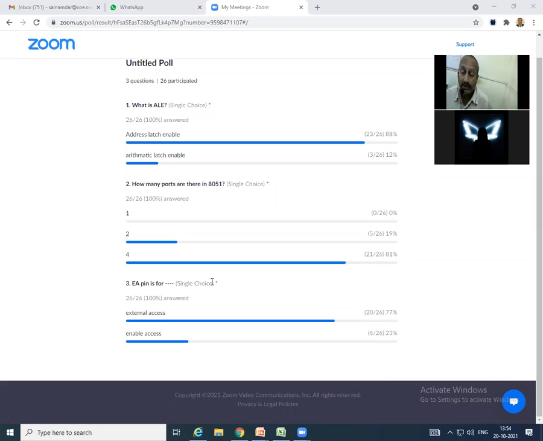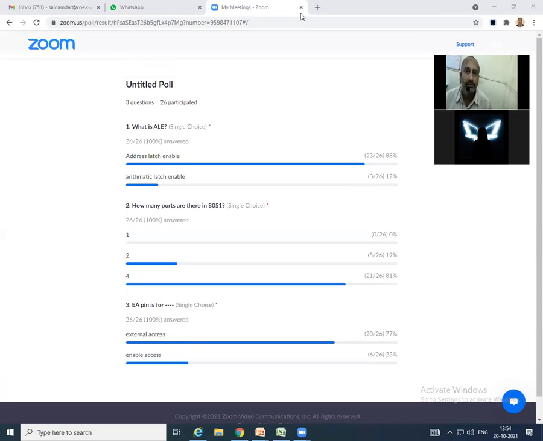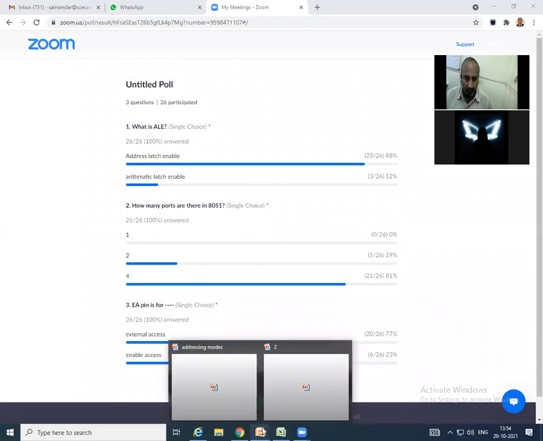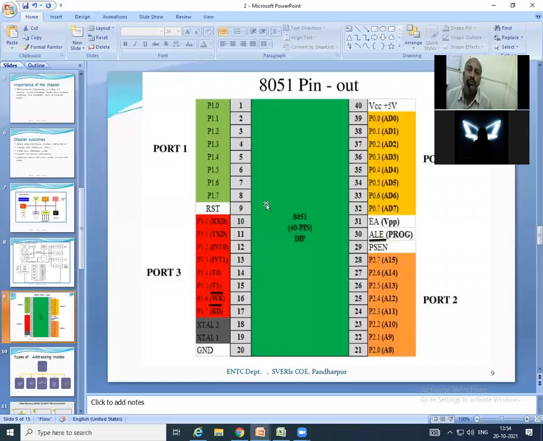We discussed that we can connect external memory to the 8051, and at that time this pin has to be enabled to get access to the external memory. So external access is the correct answer. Okay, this is the poll. Now come back to the pinout diagram we have gone through.